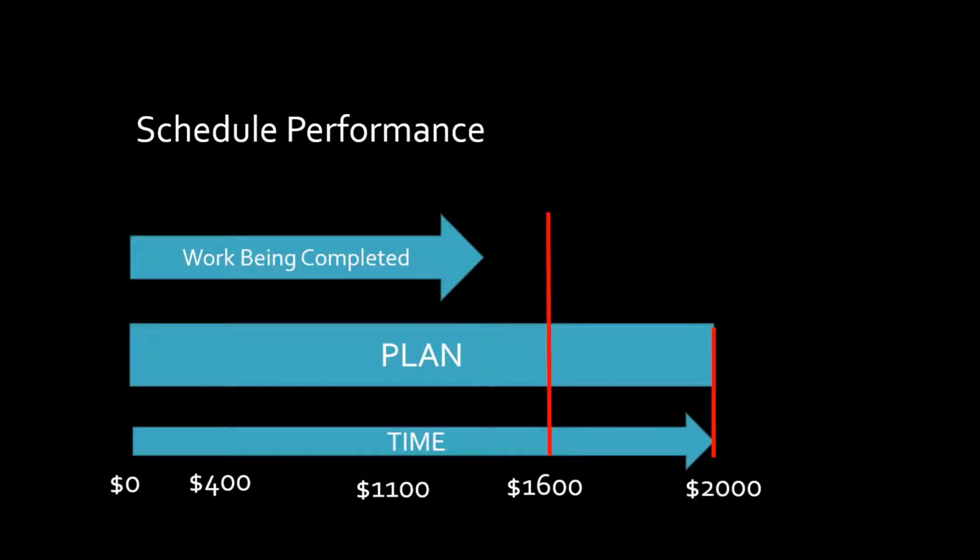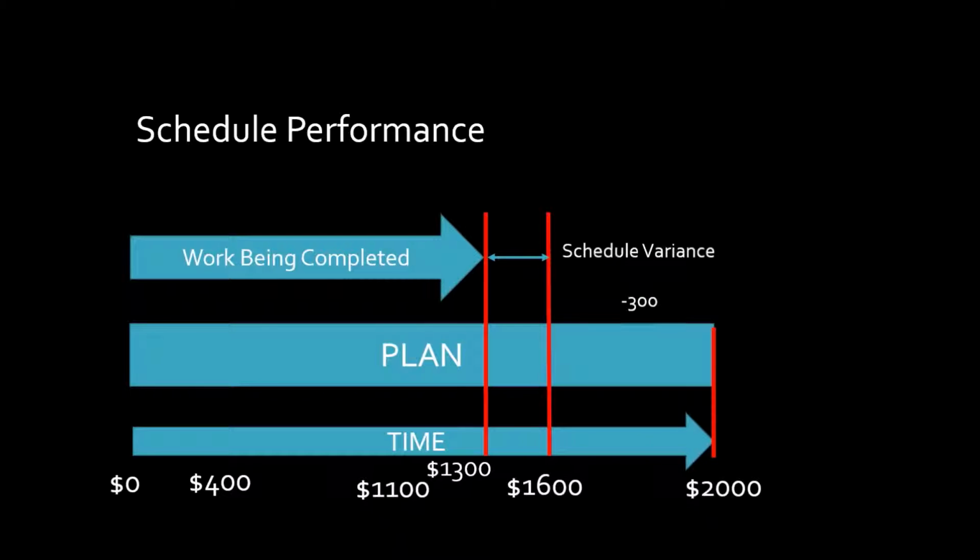Let's say we take our snapshot right there at 1,600. Well, as you can see, we're behind schedule. We didn't make that. We're taking the snapshot. This is this day. We expected $1,600 worth of planned value, but we only earned to here. We've only completed $1,300 worth of work when we should have completed $1,600 worth of work.